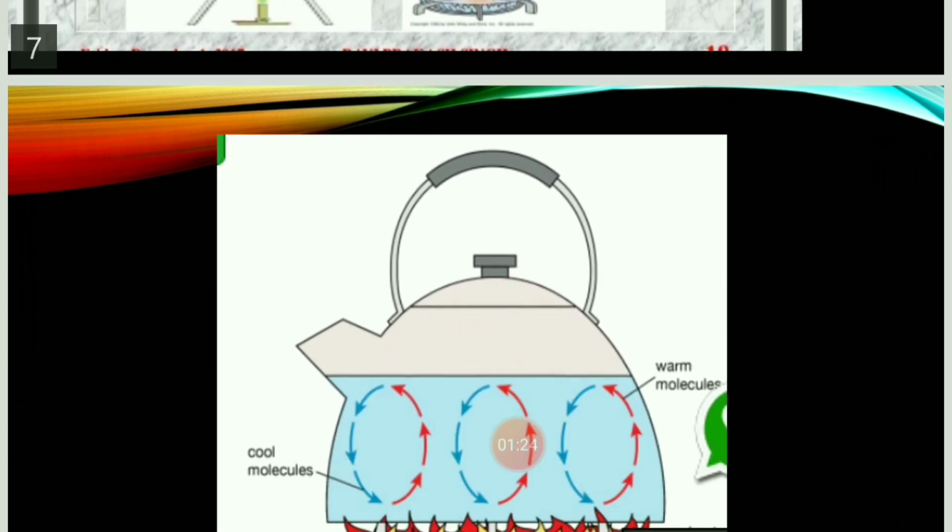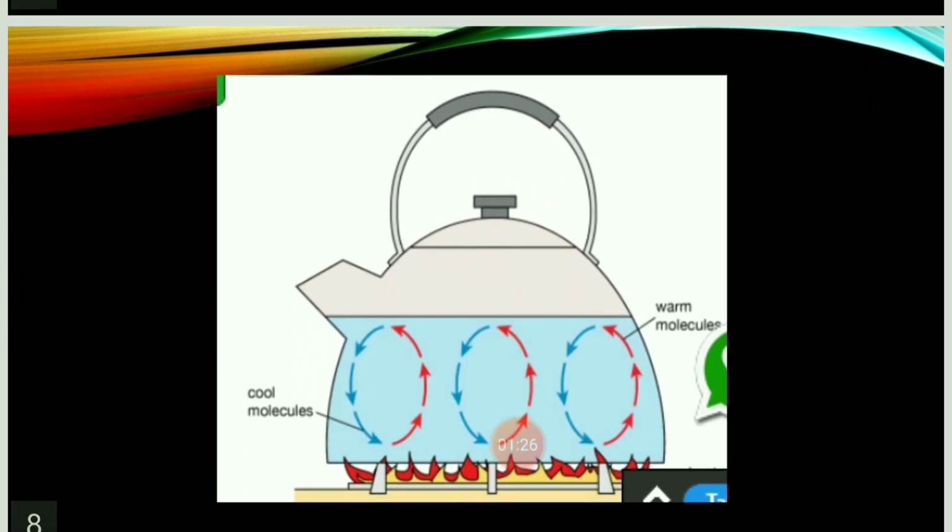Let's take another example. This is an electric kettle. It is filled with water, right? The molecules of the liquid or gas that are near the source of heat, here the water molecules, get heated first, and they become lighter due to the heat and move upward. See the diagram.